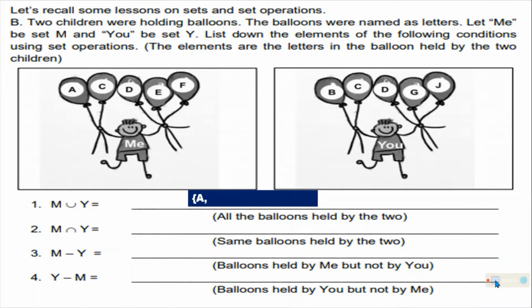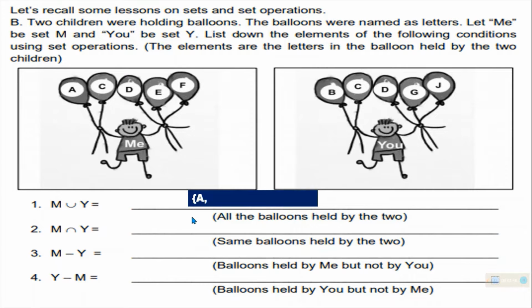Okay, let us answer number 1. So, me set M, you set Y. The elements in me are A, C, D, E, F, while in you or set Y, the elements are B, C, D, G, J. So number 1 question is M union Y. So meaning all the balloons held by the 2.